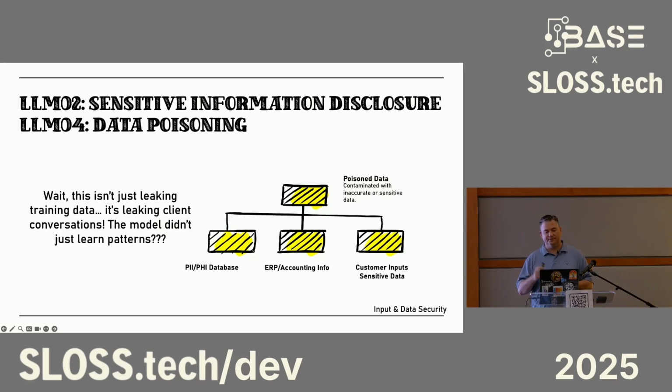That's LLM2, sensitive information disclosure, combined with data poisoning. The model didn't just learn patterns, it memorized sensitive content. Think of vector databases like traditional databases, but they store mathematical representations of that data called embeddings. The security principles are the same. You've got to have access controls, data validation, and proper isolation to make sure you don't get a data breach and fines.